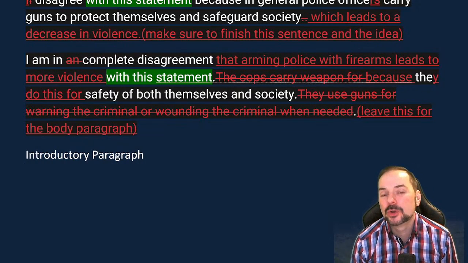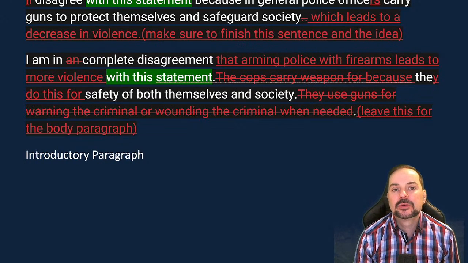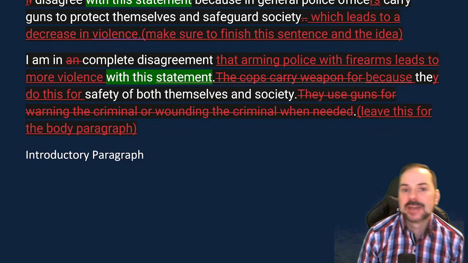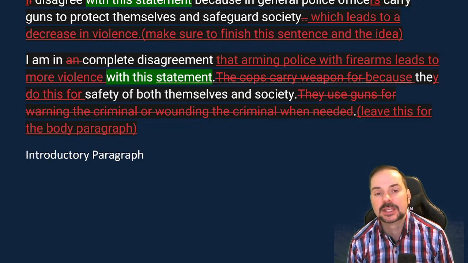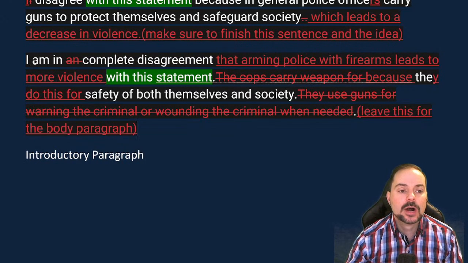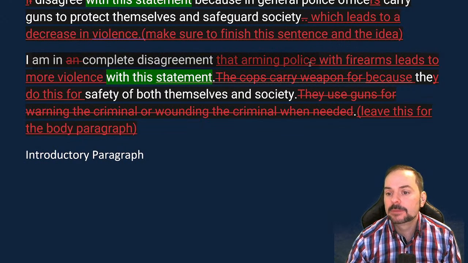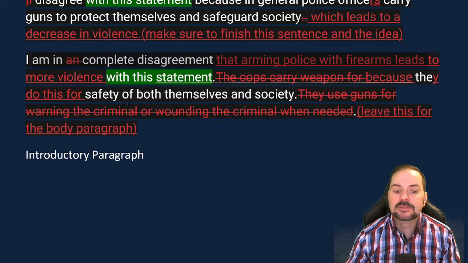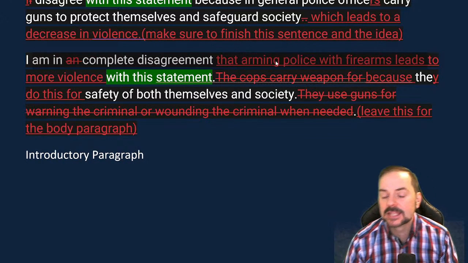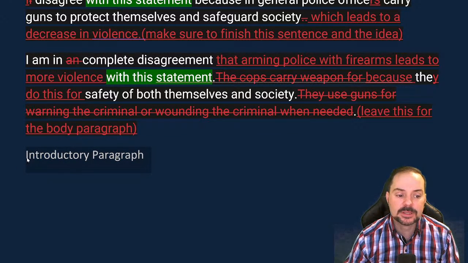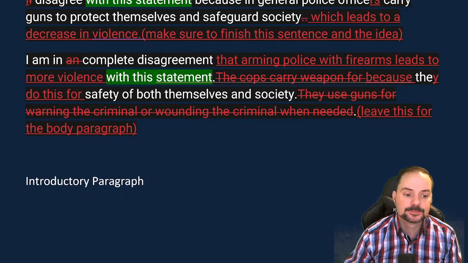It's not very good writing to indirectly refer to ideas like "I agree with that statement" or "I agree with this idea." It's just better to actually write the idea. So: I'm in complete disagreement that arming police with firearms leads to more violence because they do this for the safety of both themselves and society. And then it's a much better thesis statement.